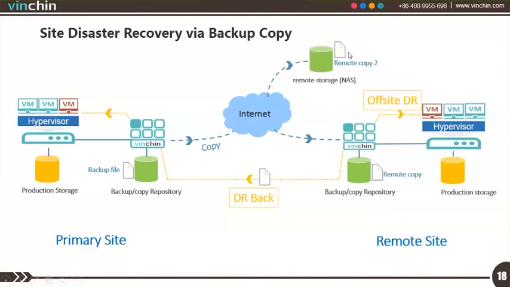And if your primary site's VM crashes, you can send the remote copy back to your primary site and recover the VM to your primary site production environment. So this is how to use Vinchin backup copy to realize DR, no matter whether it's primary site DR or remote site DR.